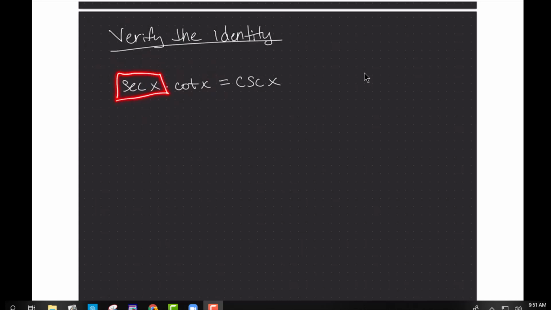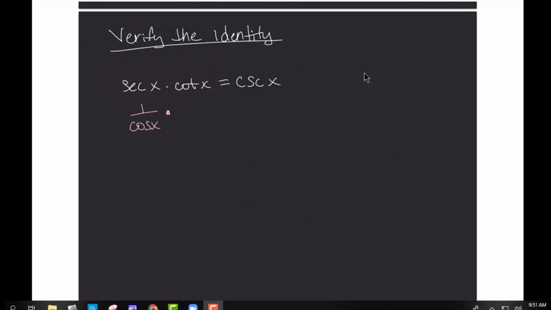I want to rewrite it with sines and cosines. How can I write secant? 1 over cosine of x. Yep.